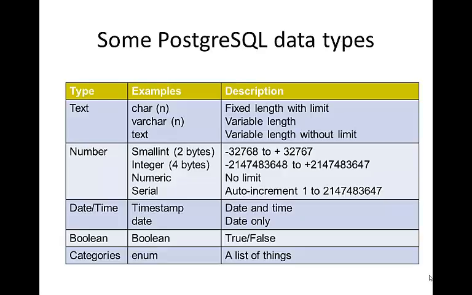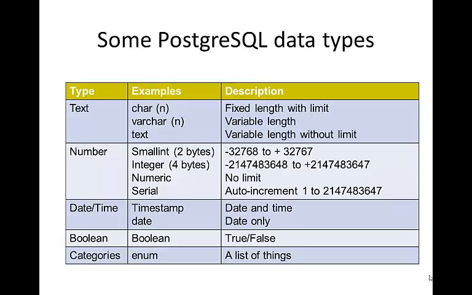You could have a character type, which is a fixed length with a limit, so you could say only up to 10 characters. With a character data type, if I remember correctly, 10 characters are always stored, even though you might only use 3 of them.